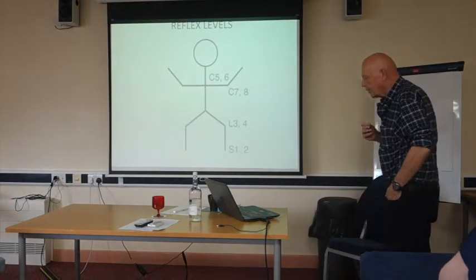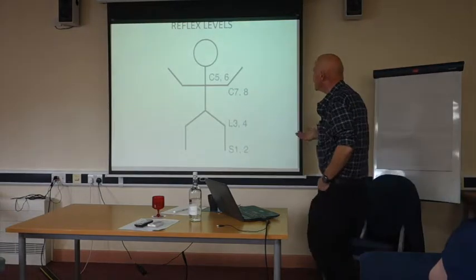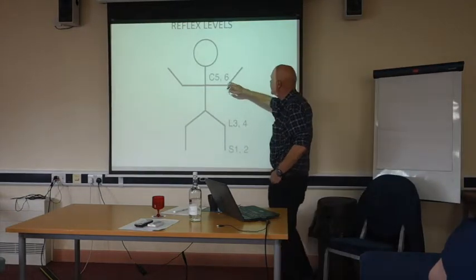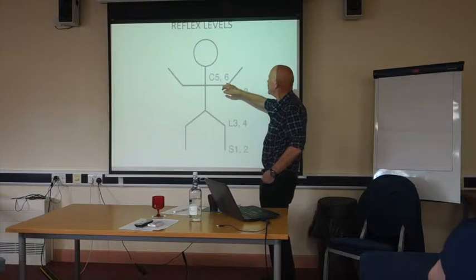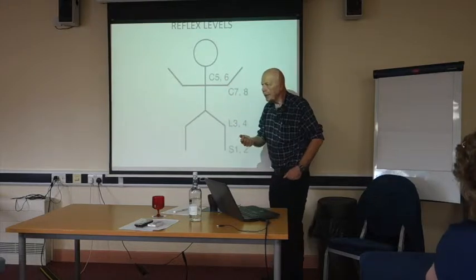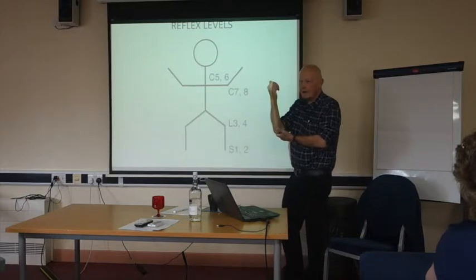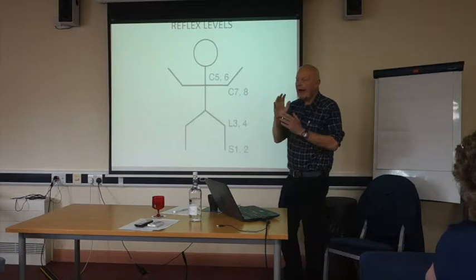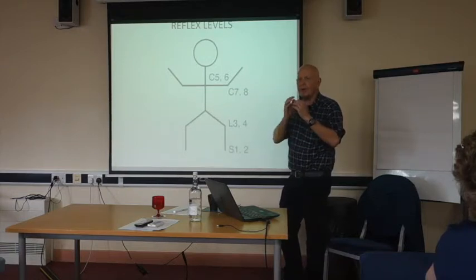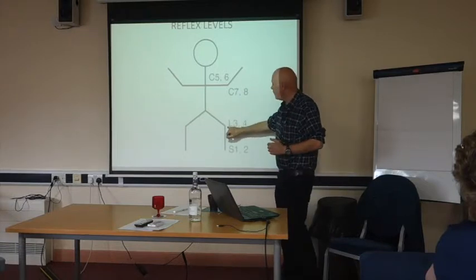So, thinking about deep tendon reflexes, what we tend to do is C5 and 6. C5 is predominantly biceps. C6 is predominantly brachioradialis. C7 is triceps. C8 is fingers, which most people don't bother with, but you can do it with the finger jerk.